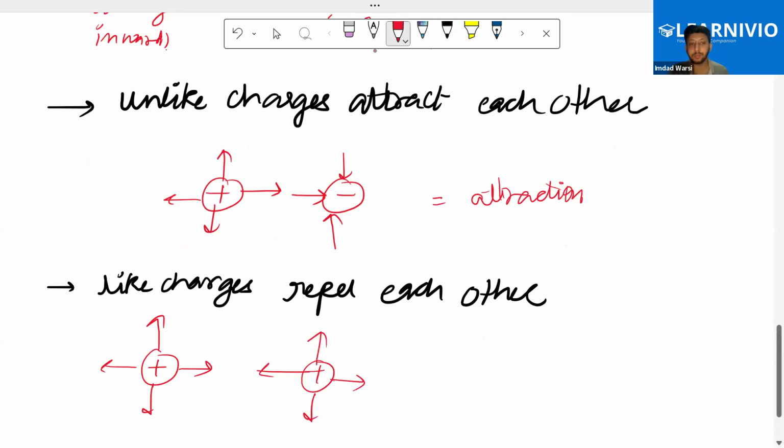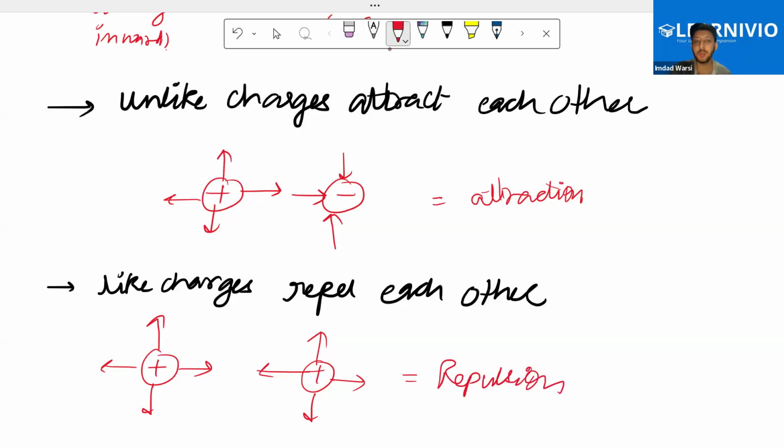Now look here. Both of them are pushing each other. These rays are like this, right? So they are pushing each other. That is why they go away from each other. So that equals repulsion.